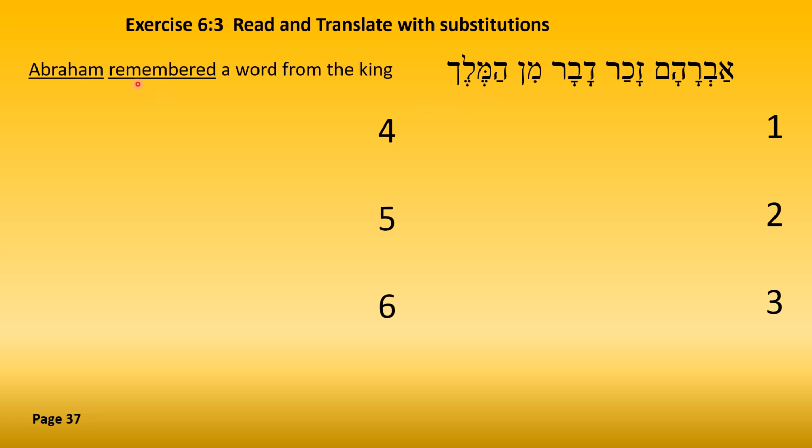Abraham remembered a word from the king. The only thing you need to change is the substituted word and the verb in this case. So you run through all of the sentences and do just that.